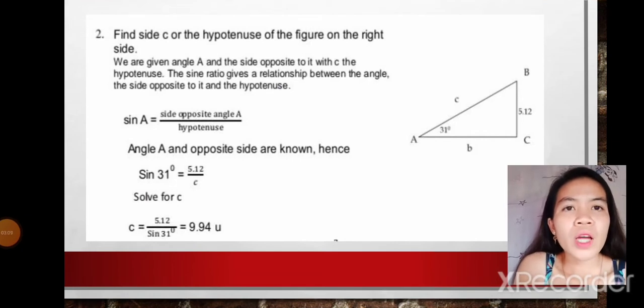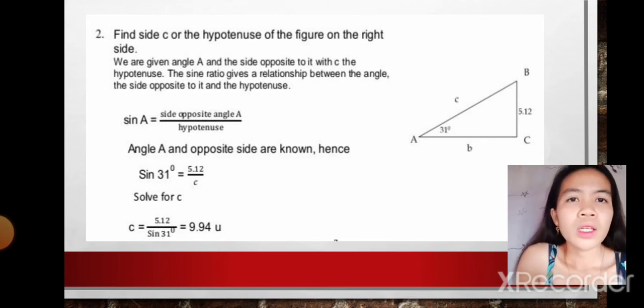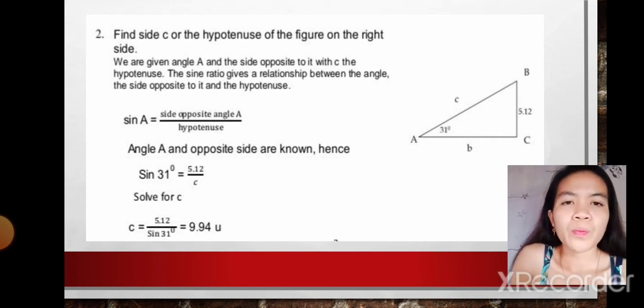So, next is find side c or the hypotenuse of the figure on the right. We are given angle A and the side opposite to it, with c the hypotenuse. The sin ratio gives a relationship between the angle, the side opposite to it, and the hypotenuse.